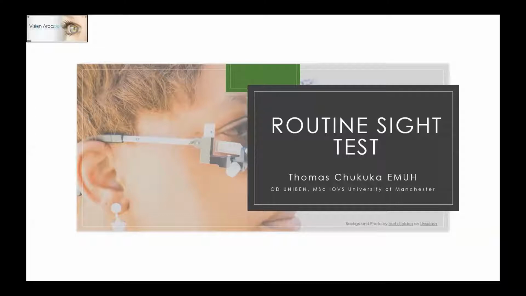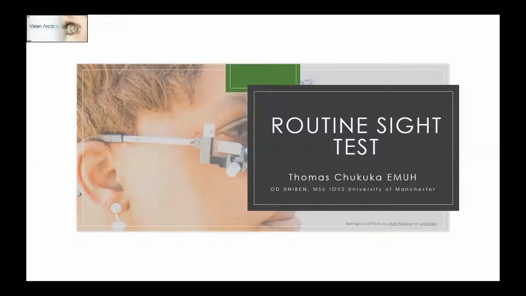And then when you do the near, do the cover test; it makes it a smoother test and it's faster. When you do motility as well, do pupillary reflex test as well, they go hand in hand. And then next it comes to the refraction.